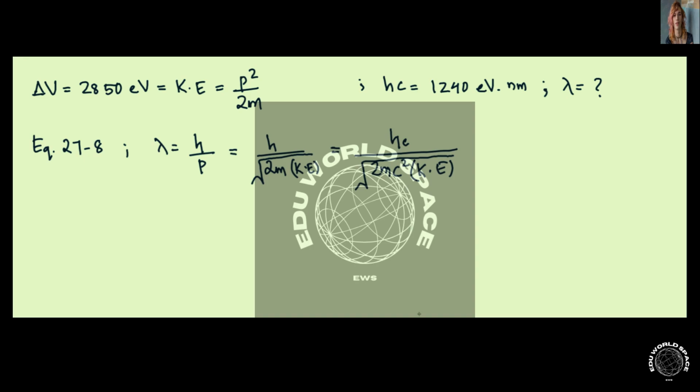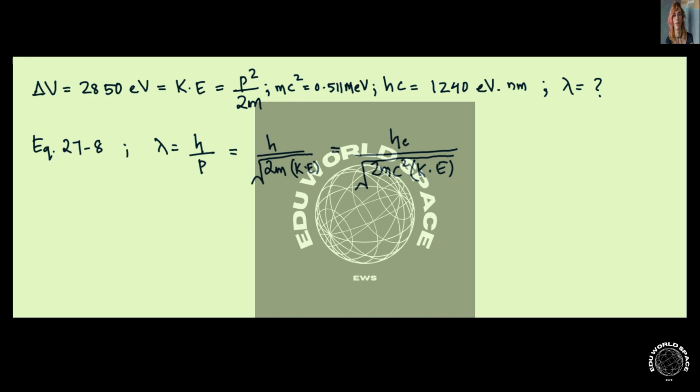And there is one more thing that we know. We know that mc squared, the rest mass energy of the electron, is 0.511 mega electron volt.